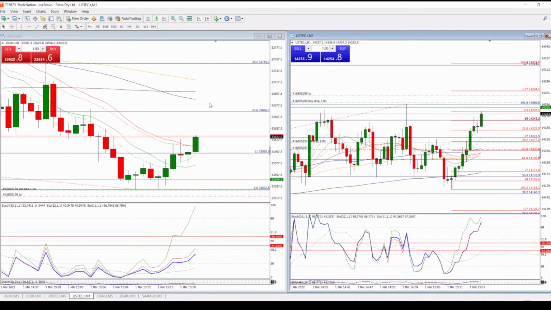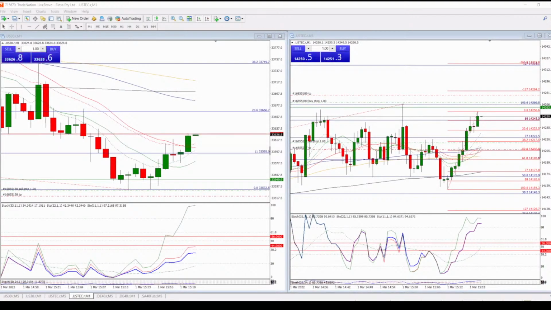We aim for the 50 on the Dow. Dow currently back inside the consolidation area of daily high low. US Tech currently above that 89 of daily.